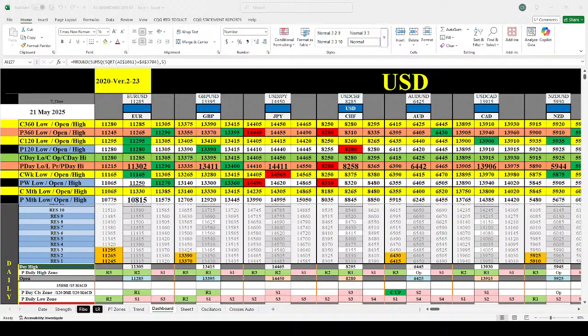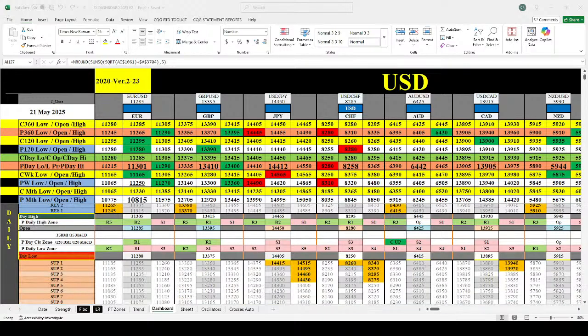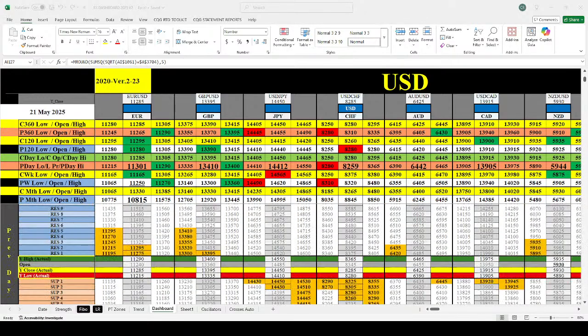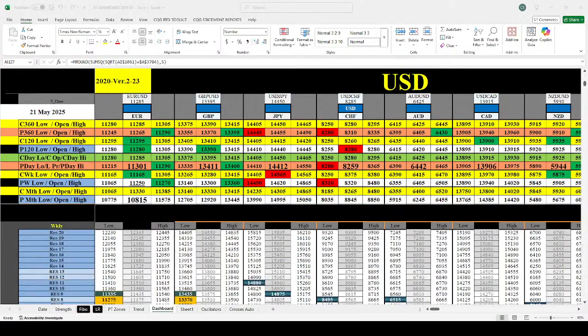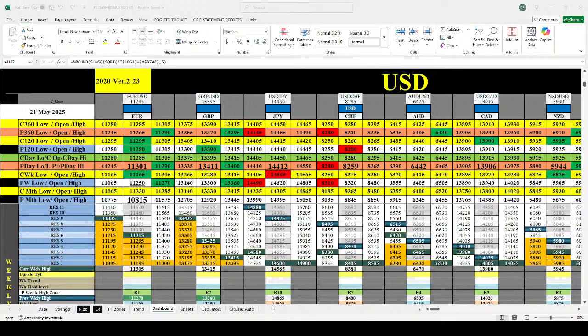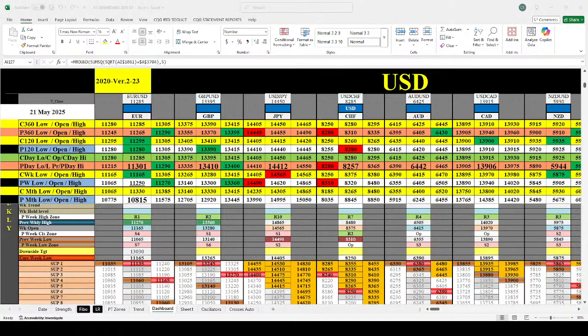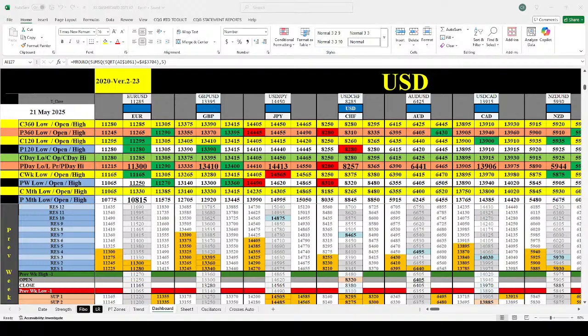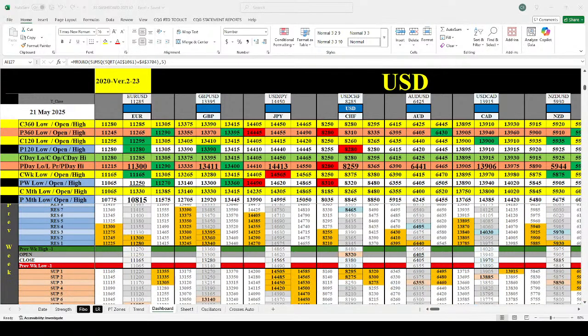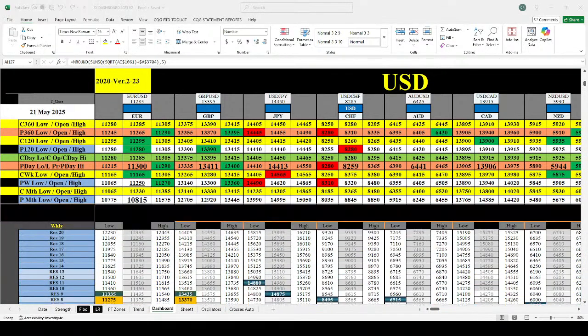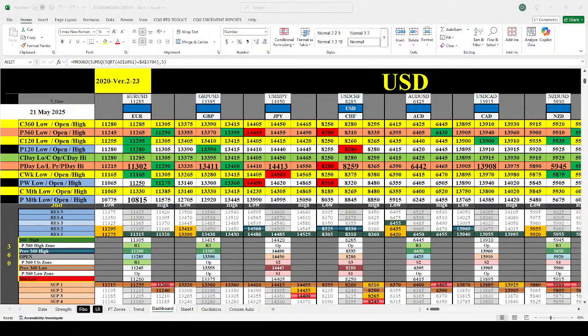And on the weekly, I think the market should turn before 340 or 380. So that is what the system is telling us.